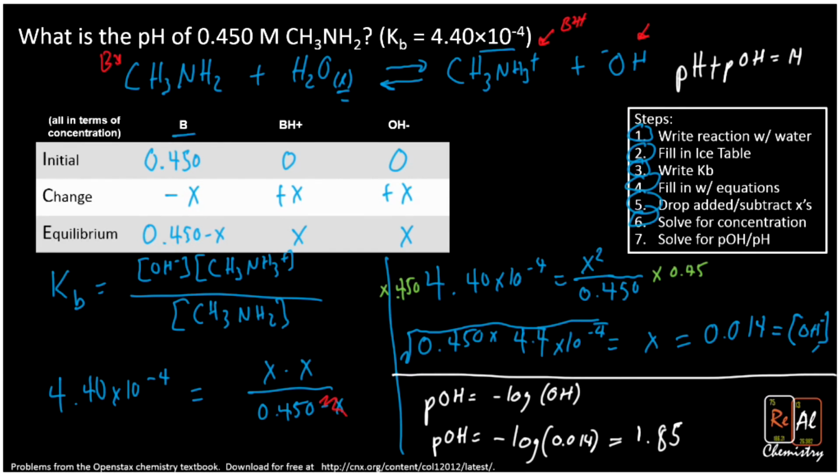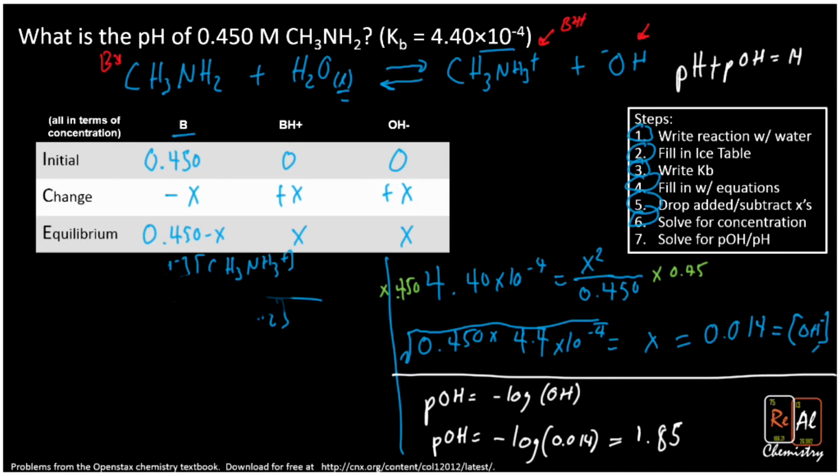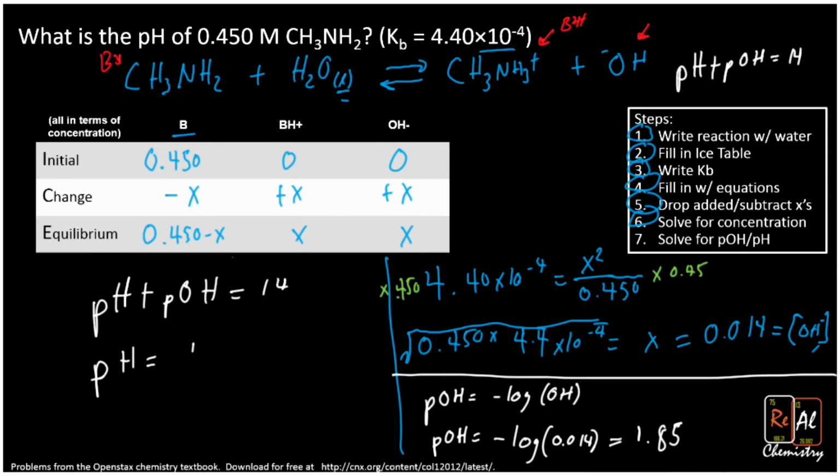And now, giving myself a little room over here, we can go ahead and solve for pH by using the fact that they add up to 14. So pH plus pOH equals 14, which means that pH is equal to 14 minus pOH.